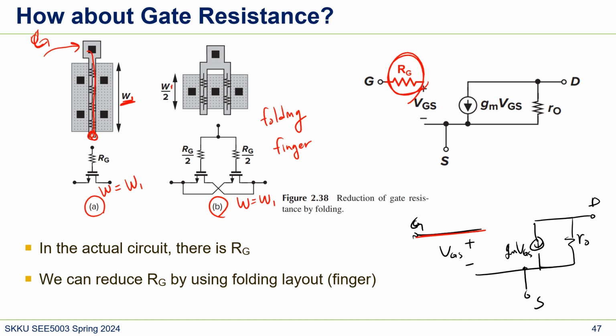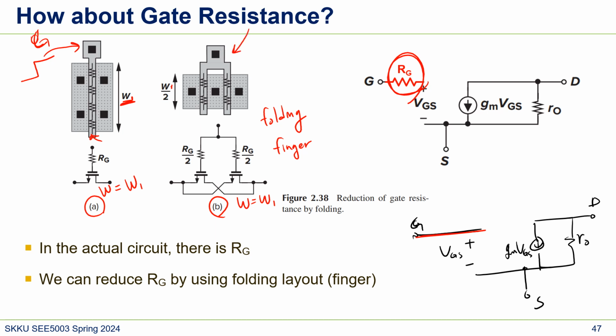So it has some larger resistance. The cons? Its RC constant is bad. If you want to change the voltage here, at this node, the voltage has some delay because of the resistance.